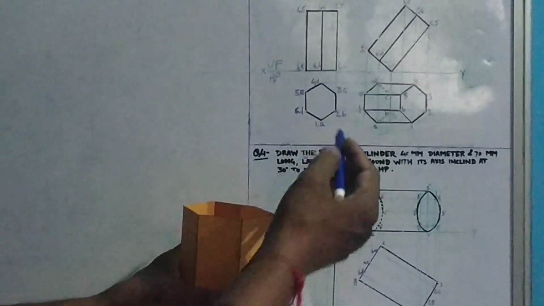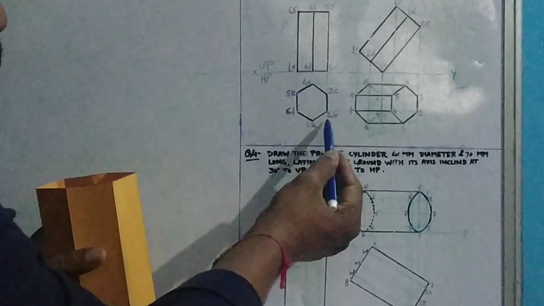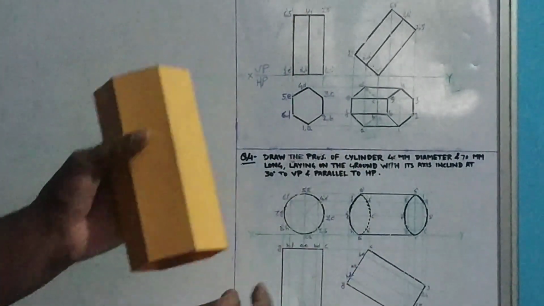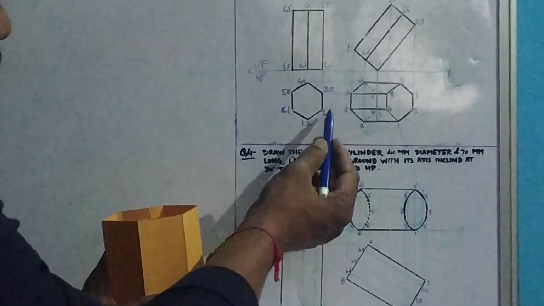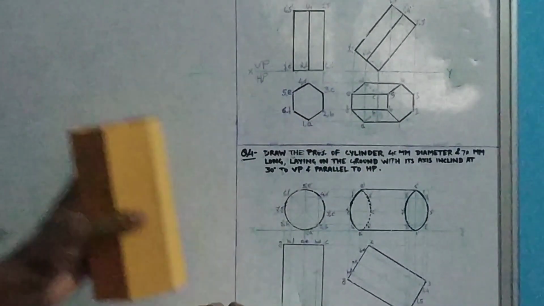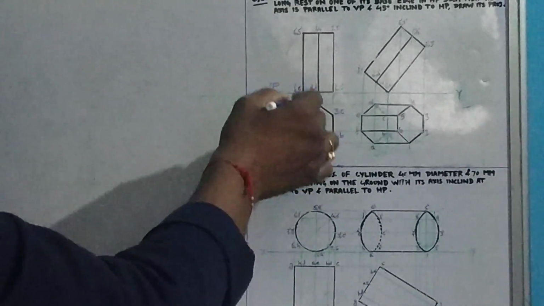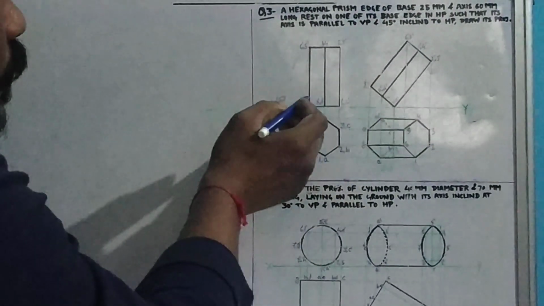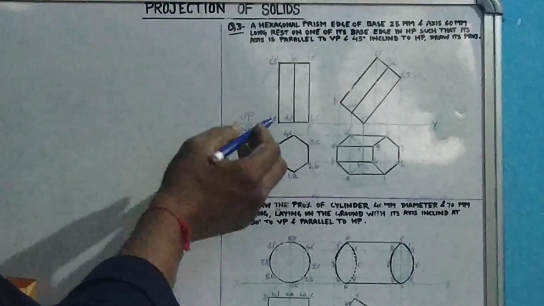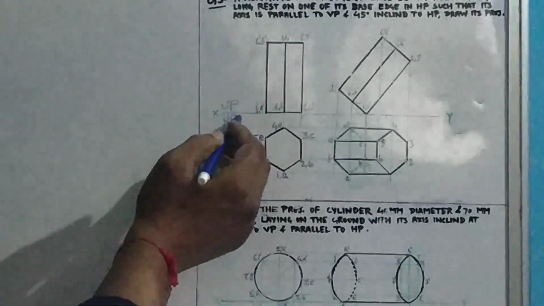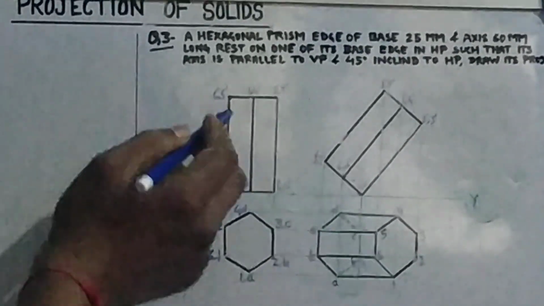This is what I have written here. Suppose this portion is 1, 2, 3, 4, 5, 6, and the bottom corners are A, B, C, D, E, F. After that, draw a perpendicular projection line upwards, and whatever height is given, here it is 60 mm long, taking reference from the XY line.